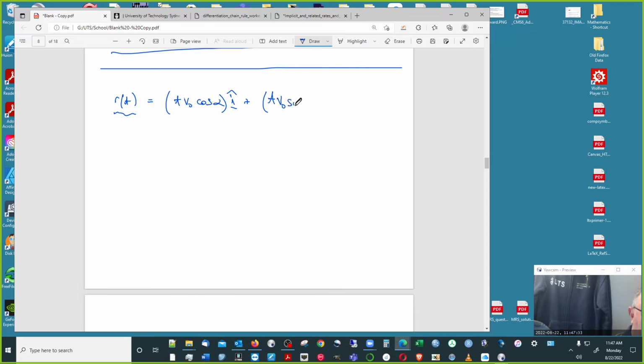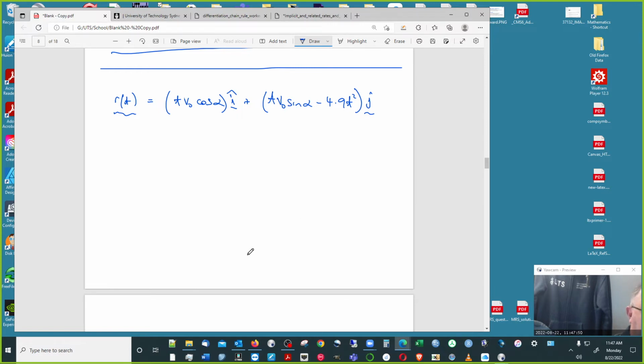So it's got the components. 4.9, sine refers to y. y is going to be gravity, isn't it? So that's why we've got 4.9 t squared j.